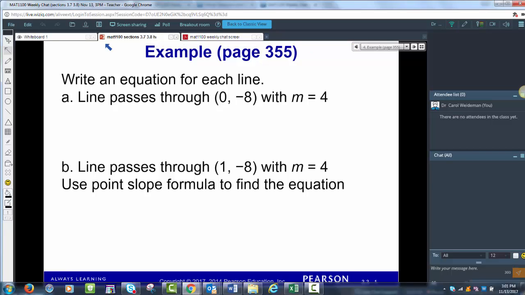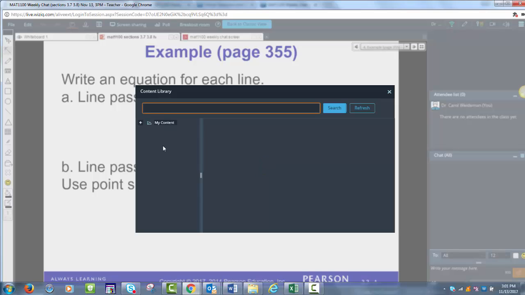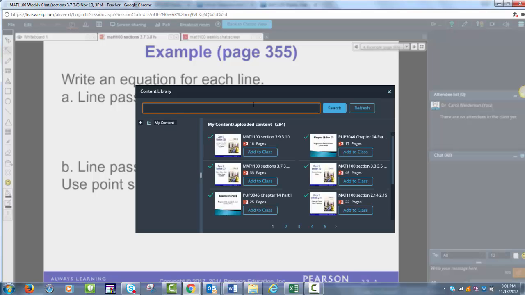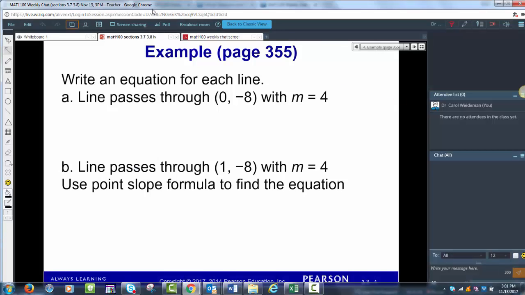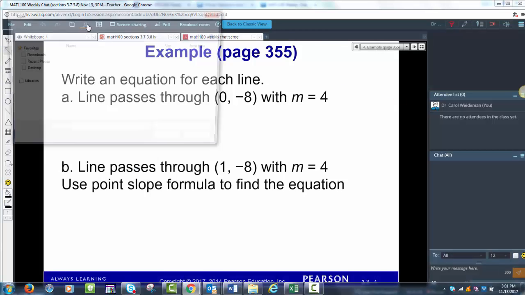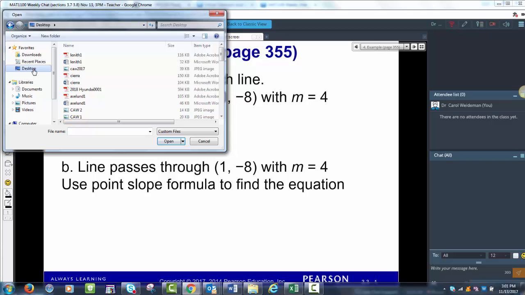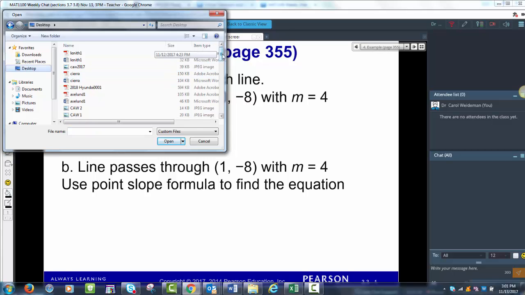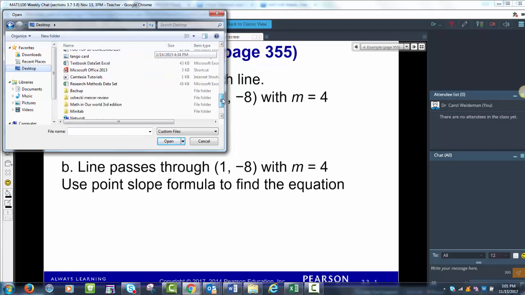Oh, okay, bear with me for a second. This does not have the right slide. Let's see if I can get the right slide up here. I'm sorry, I pulled up the wrong file. Hold on just a minute. Alright, just bear with me because I've got the one that you're going to use as a handout and not the one that has the worked out problems in it.